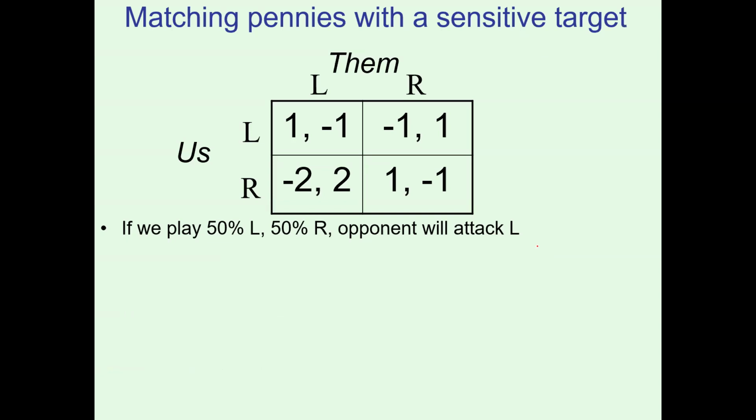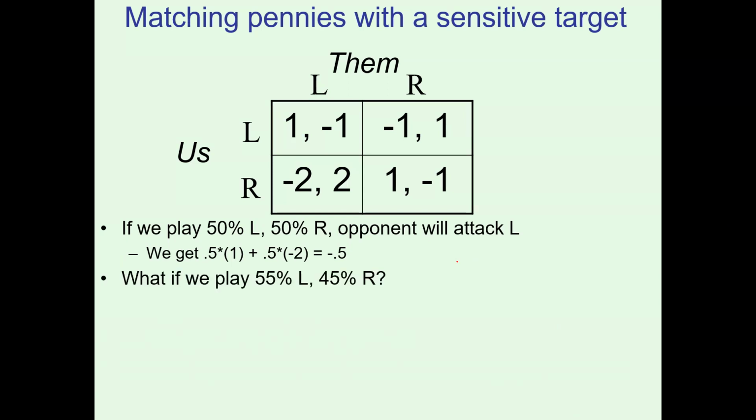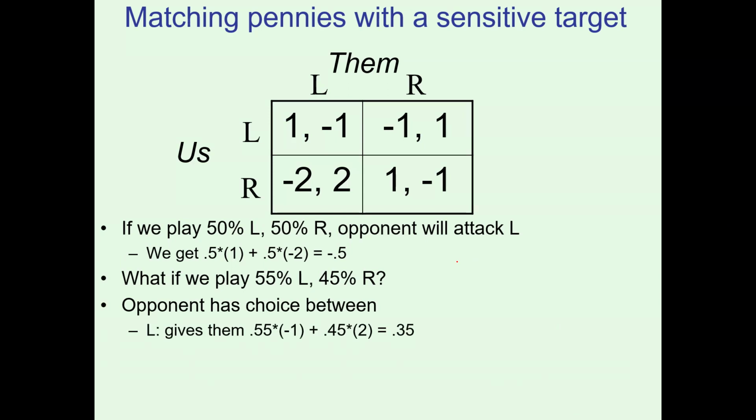Now, this one is different, with a sensitive target. Let us say we play 50-50. Then, 0.5 times 1, 0.5 times -2. Right? What if we play 55-45? What happens? He can play L, giving 0.35, or he can play R, giving 0.1. In either case, he loses.